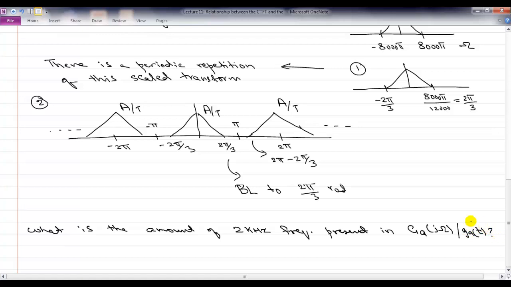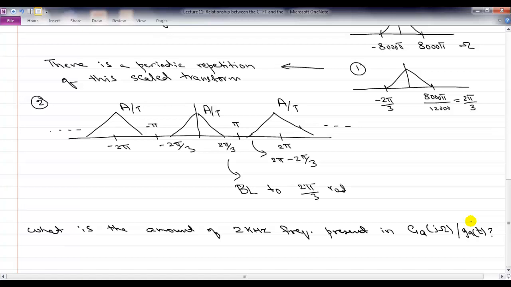Okay. So someone asks you, tell me something about the 2 kilohertz frequency. Since you have low pass filtered it up to 4 kilohertz, the 2 kilohertz frequency has still survived. Right? And since you have sampled it such that you satisfy the Nyquist criterion, the 2 kilohertz frequency hasn't been corrupted by any aliasing.